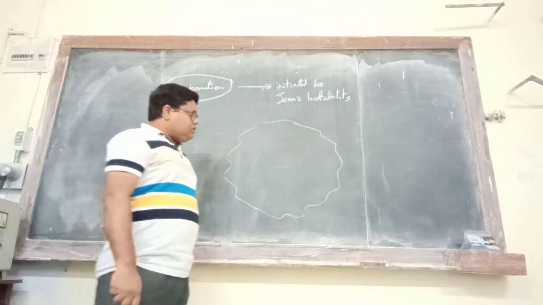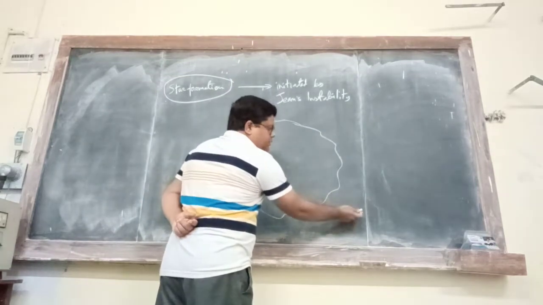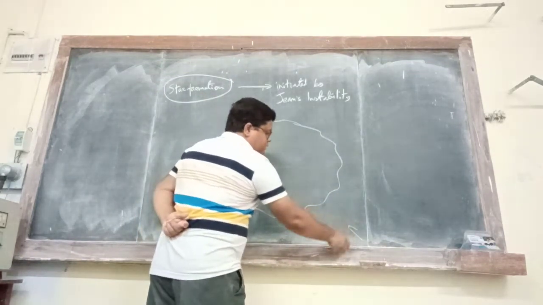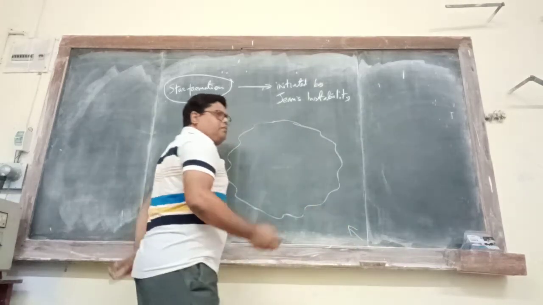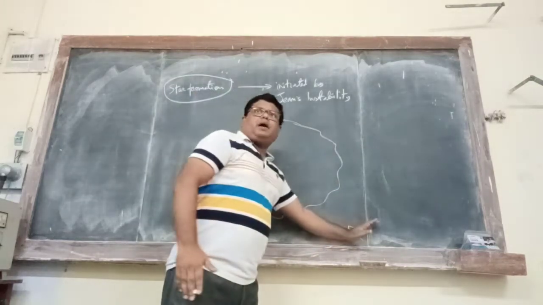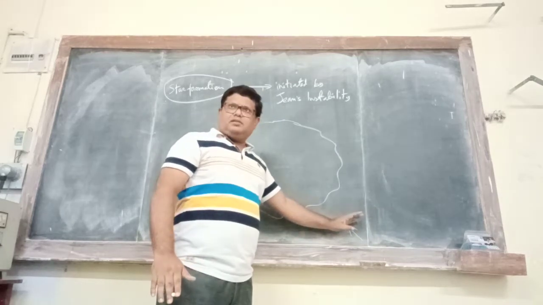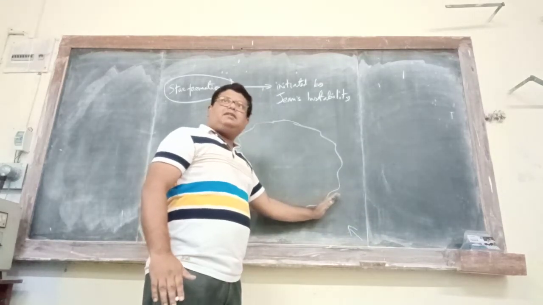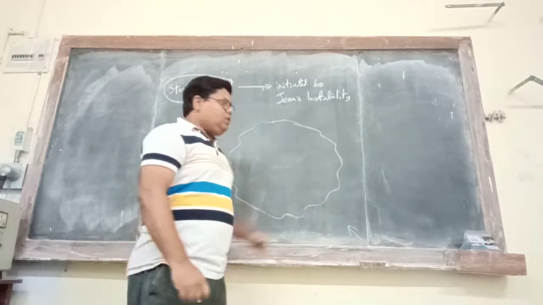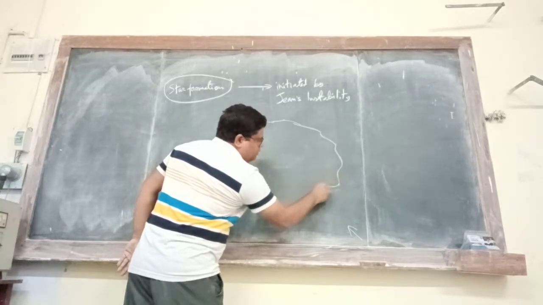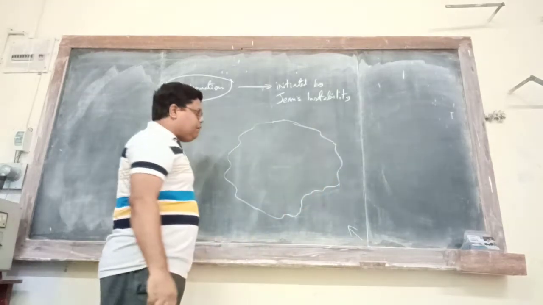Now suppose due to some disturbance from this side, maybe some particles or some photons or some asteroid, something comes and hits this gas cloud.